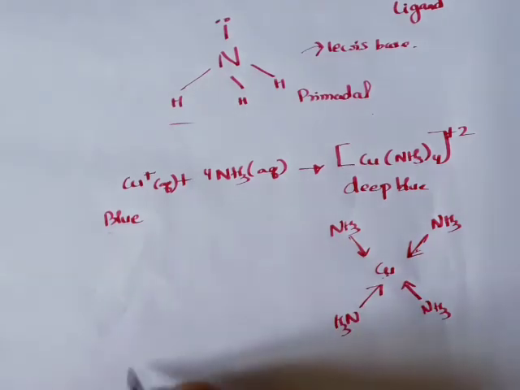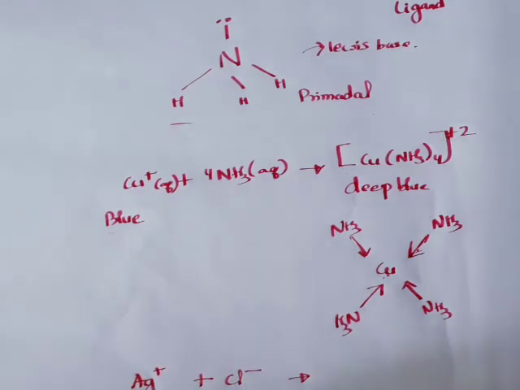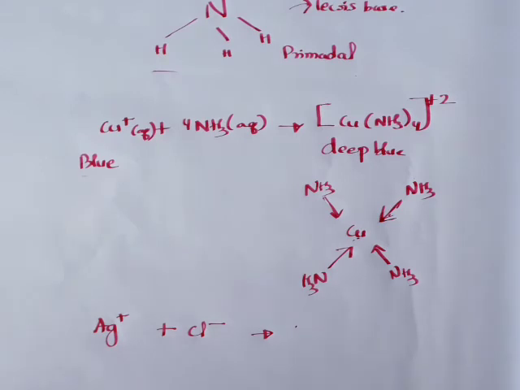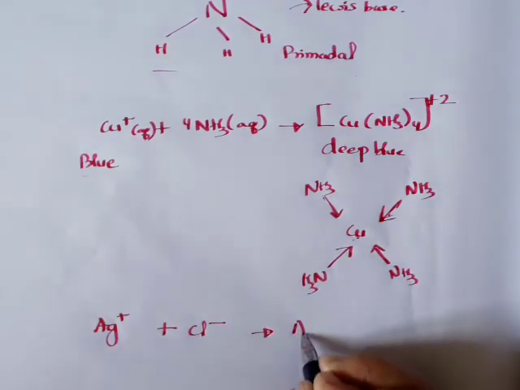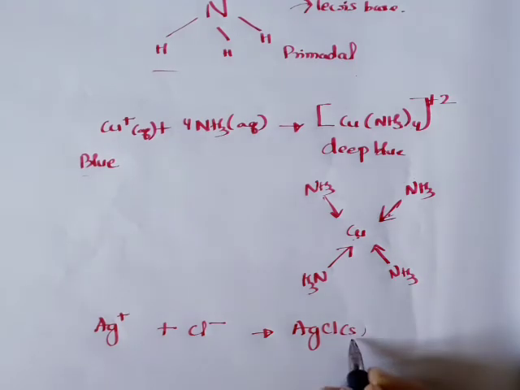Similarly, we know silver ion, right? When you treat silver nitrate with sodium chloride, you will get a white precipitate. Why? Because of formation of silver chloride, which gives a white precipitate.